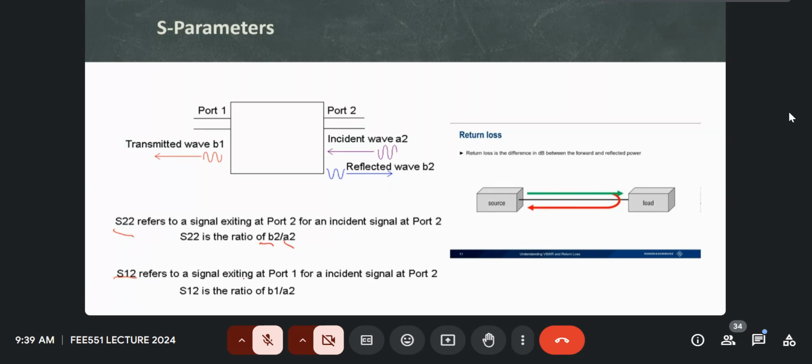S12 is the signal exiting at port 1, because that's the responding port, over A2, the input, the incident wave. And this is just an illustration of what a return loss could be: you transmit and then there is the reflection.